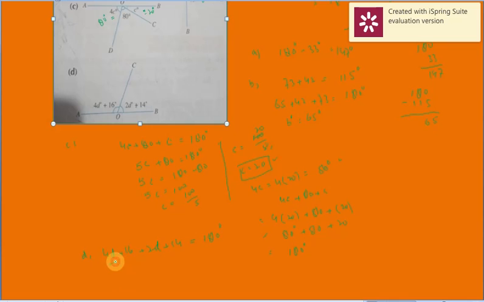So we add the 4D and 2D, 6D plus 14 and 16, which is equal to 30. So it is 180 degrees. So 6D is equal to 180 minus 30, which is 150, and D must be equal to 150 divided by 6.